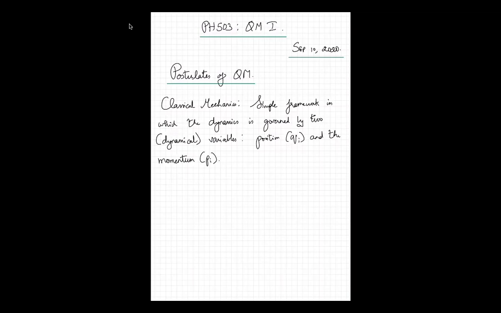Now, if we know the position and the momentum of all the particles, then the dynamics is specified, in the sense that if you know what the external forces are, in other words, if you can write down the Hamiltonian function H, you know how the position and momentum of the particle vary as time varies. So Qi dot is given by dH over dPi, and Pi dot is given by minus dH over dQi.